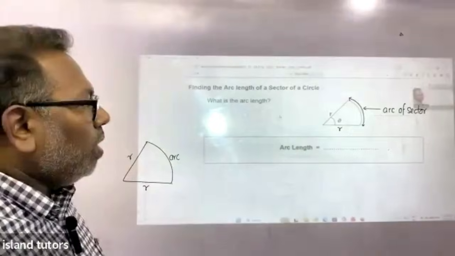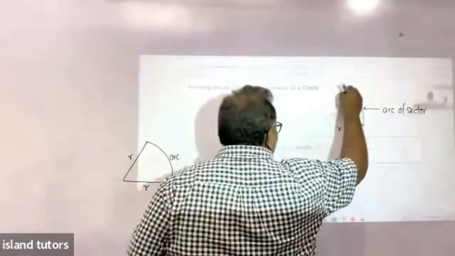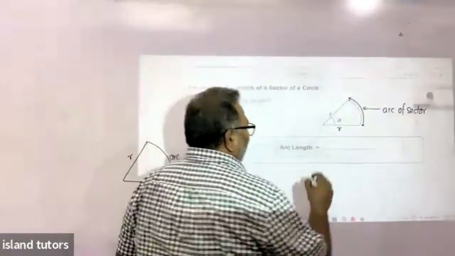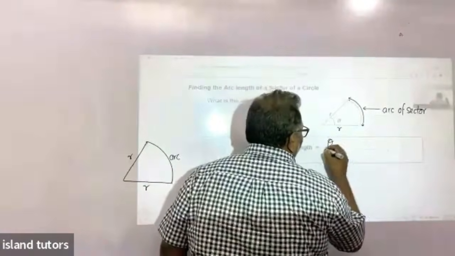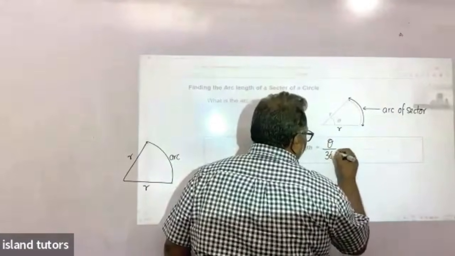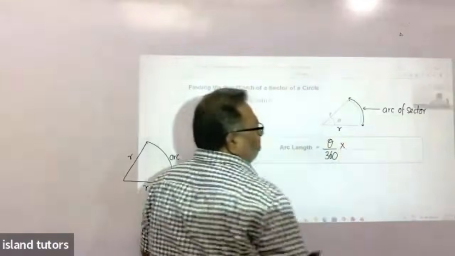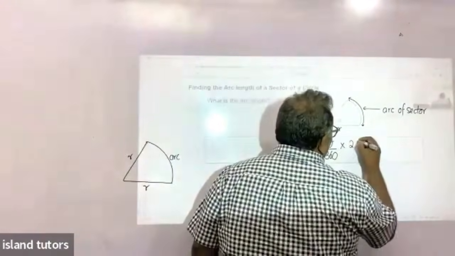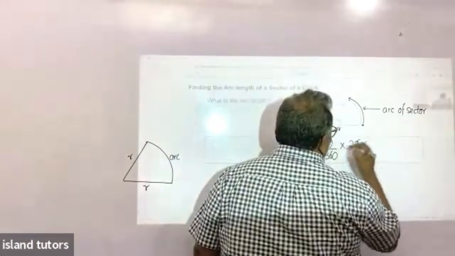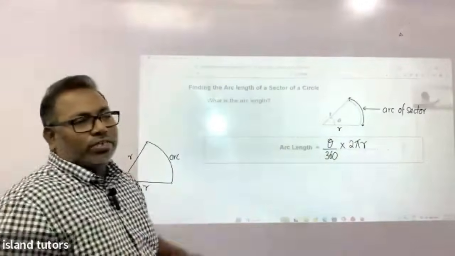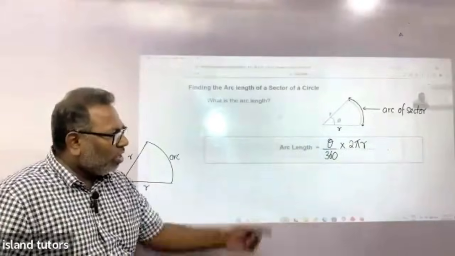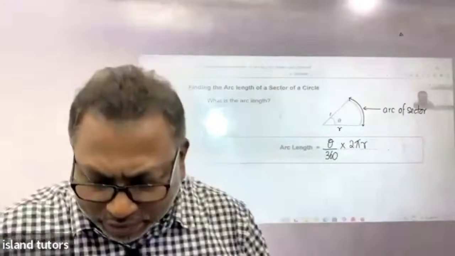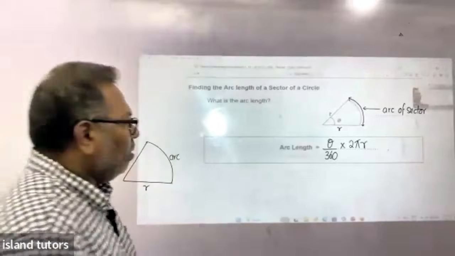Now, how do I calculate this arc length? You use the formula theta over 360 multiplied by 2 pi r. That is going to be the formula for your arc length. So please take that down. If it has been given to you already, then no problem.